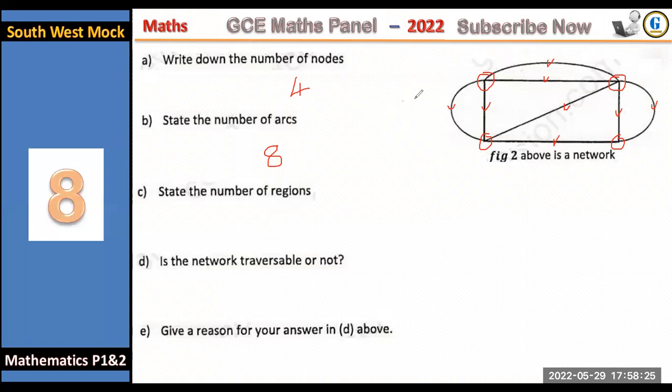This place outside like this is another region. So how many regions are there? 6. All right, so there are 6 regions. So let's count the regions. We have 1, 2, 3, 4, 5, and the region outside, 6.